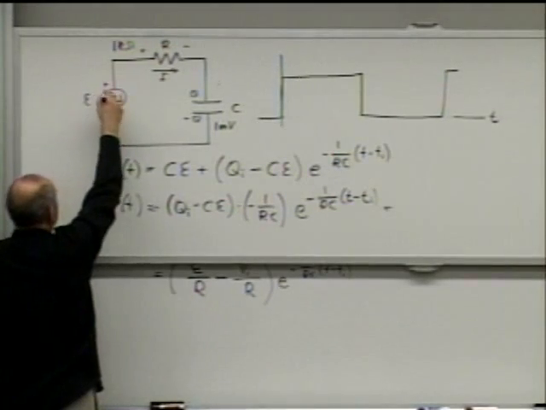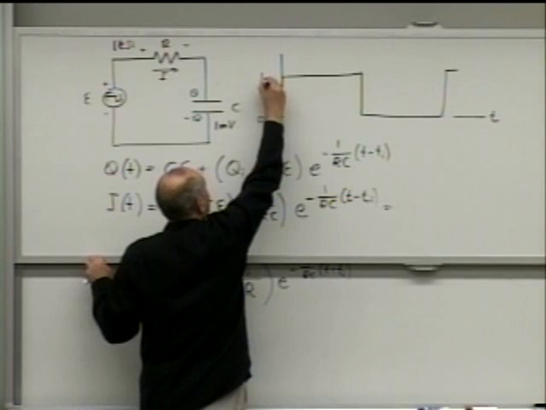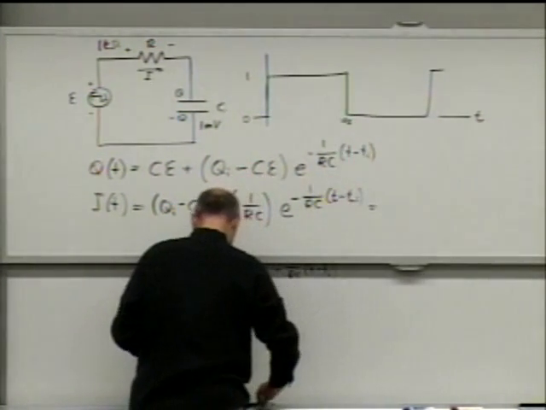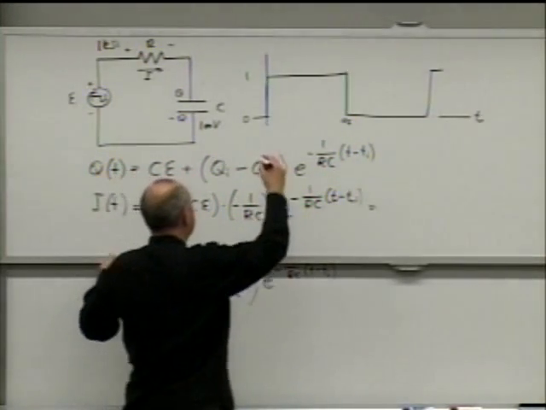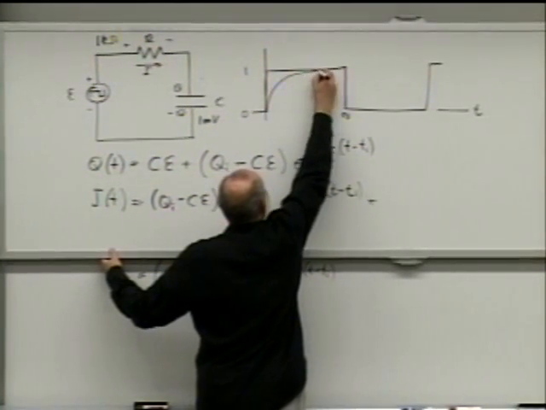And this was toggling between 0 and 1. So it was 0 and 1 volts. So if these were 10 seconds over here, we saw the plot for the voltage across the capacitor to be like that. It was an exponential function.